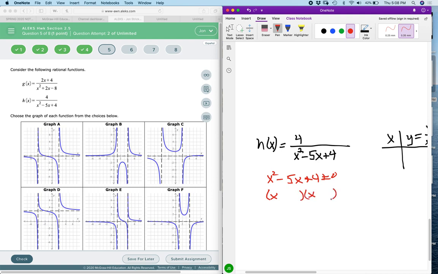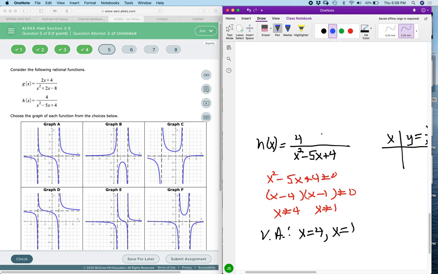Looking at factoring, x cannot be 4 or 1. Since the factors are not also factors of the numerator, these exclusions from the domain will be our vertical asymptotes, situated at x = 4 and x = 1.